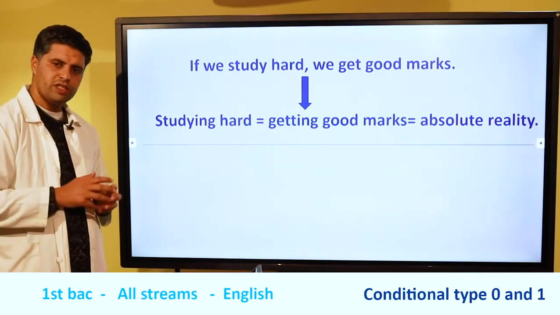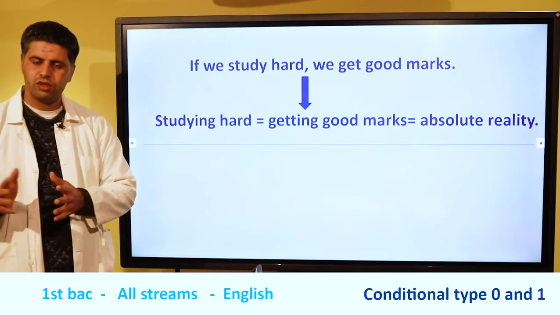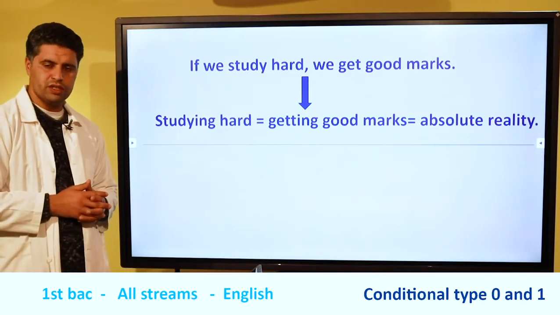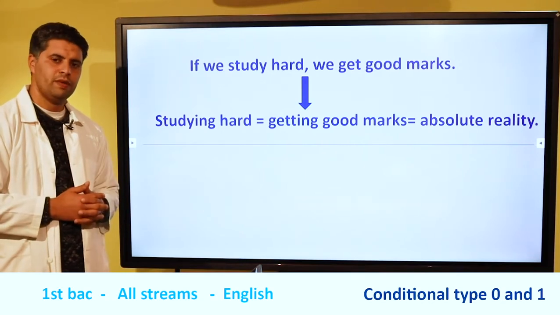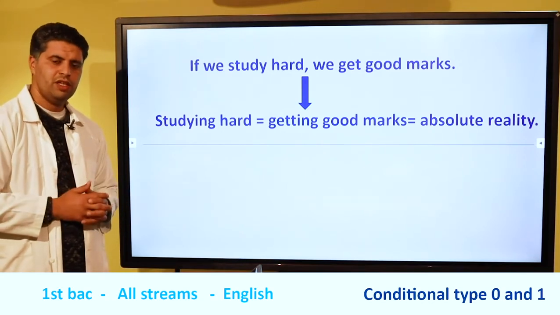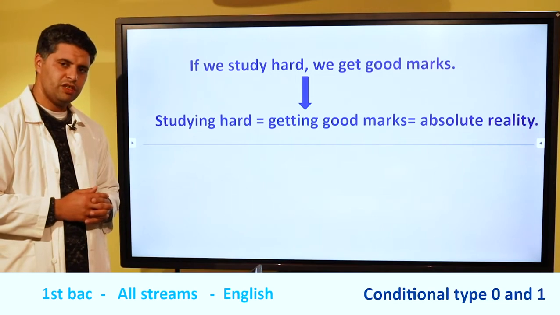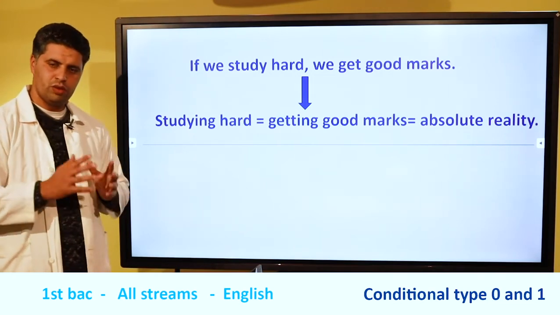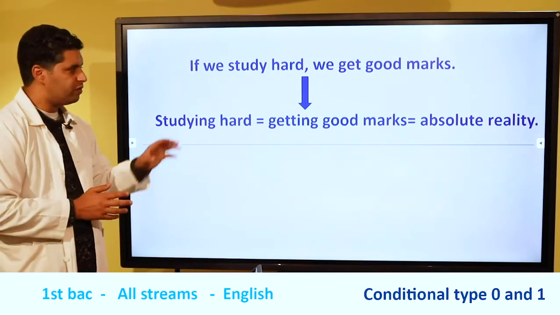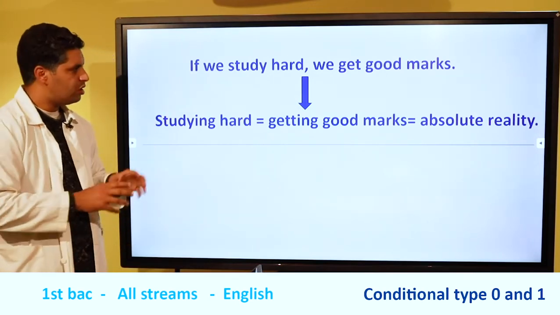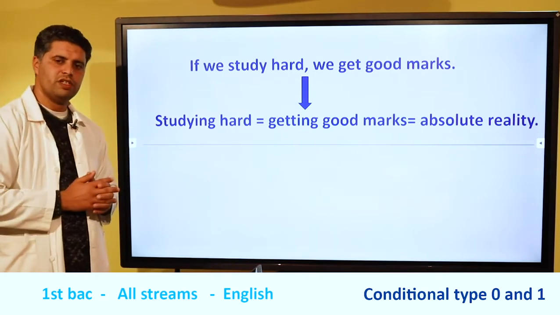So when you study hard, you get good marks. It is an equation that everybody believes in. It is something that we cannot change. When you study hard, you get good marks. So this is the meaning of the first construction that we have here.